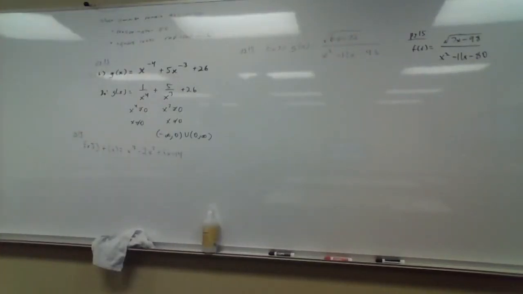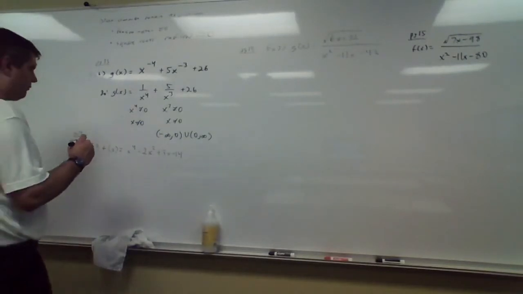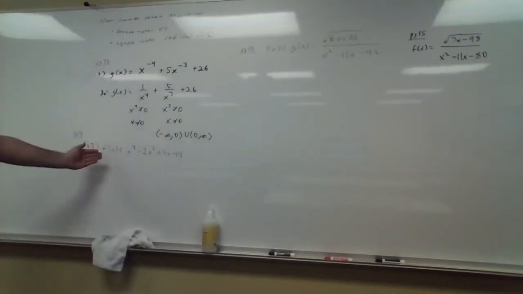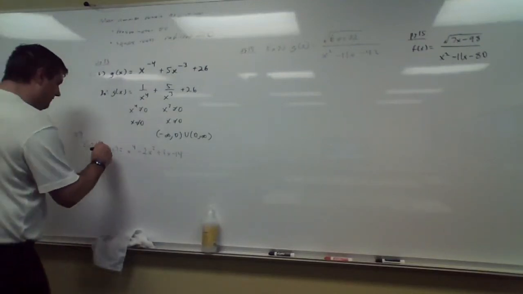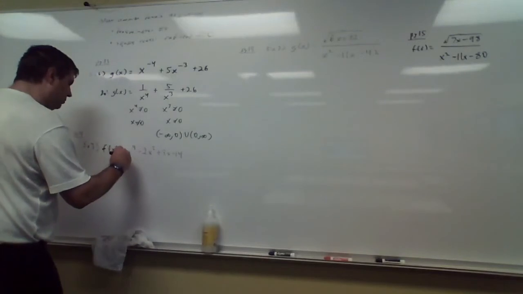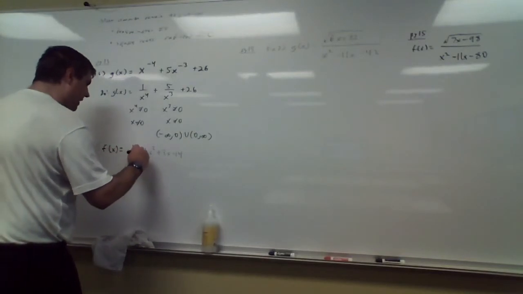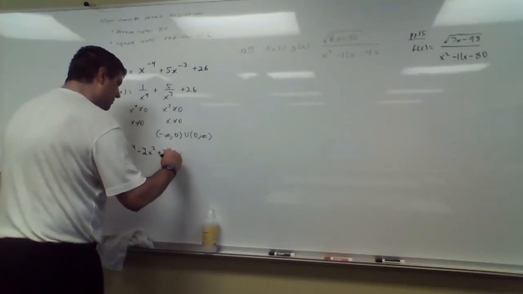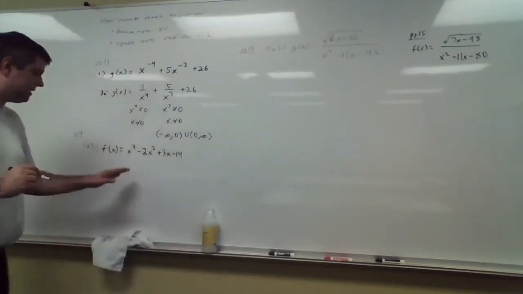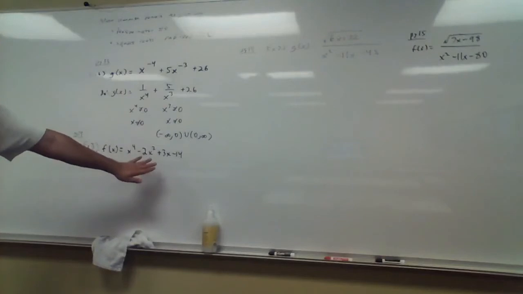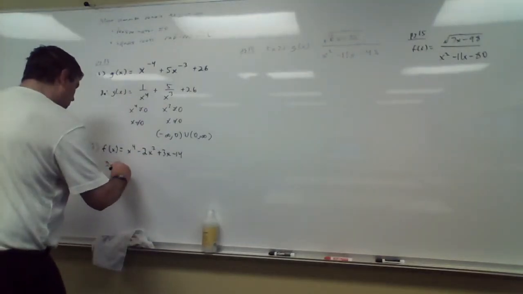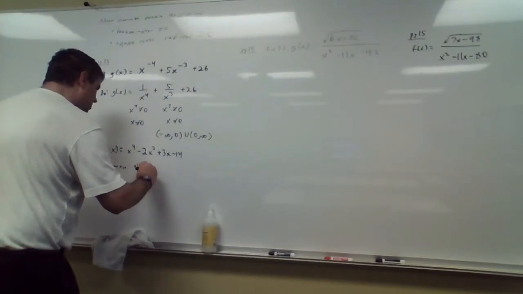Okay. So here we go for the next part, f of x. So I went ahead and compared that with example 8, which would be f of x equals x to the 4th minus 2x squared plus 3x minus 14. Well, this, folks, is just a polynomial. Okay, so domain is all real numbers.